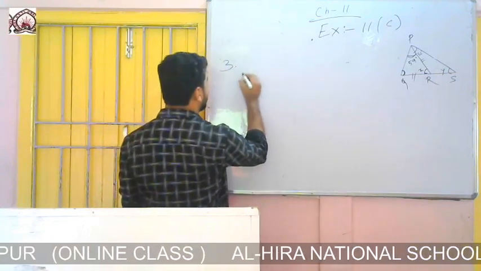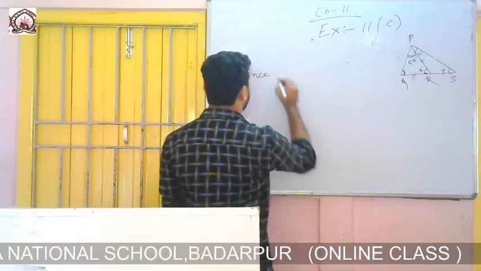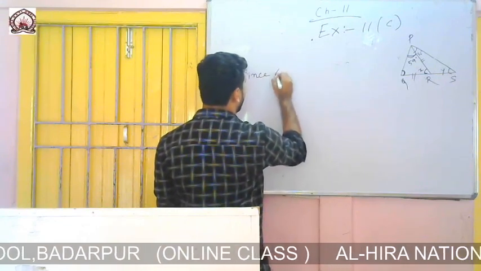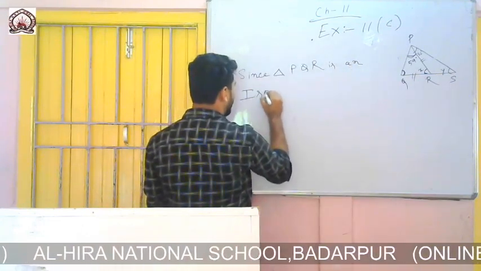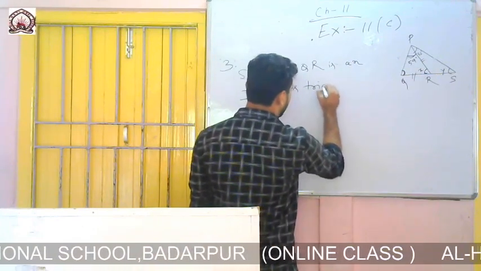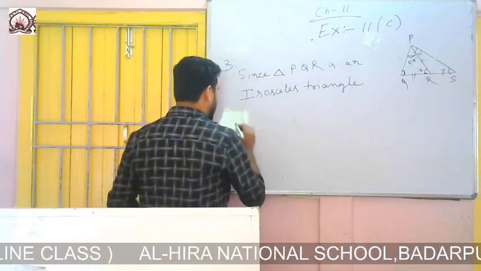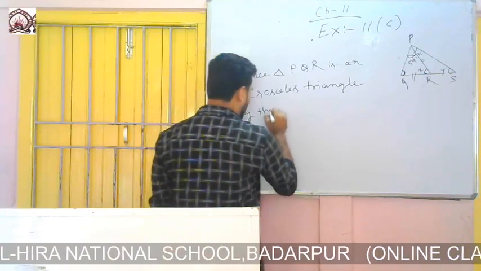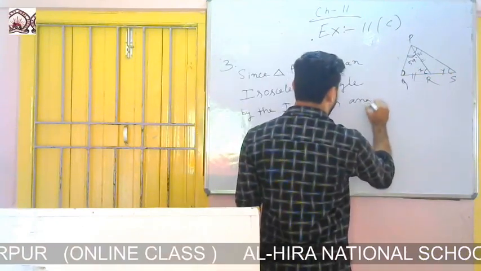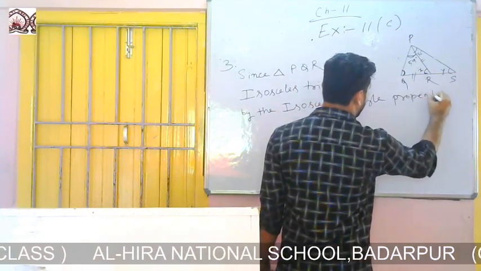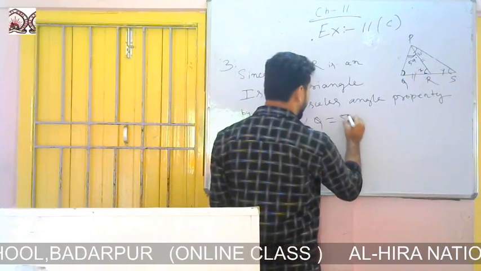Since triangle PQR is an isosceles triangle, therefore by the isosceles angle property, we can write angle P equals angle Q equals 59 degrees.